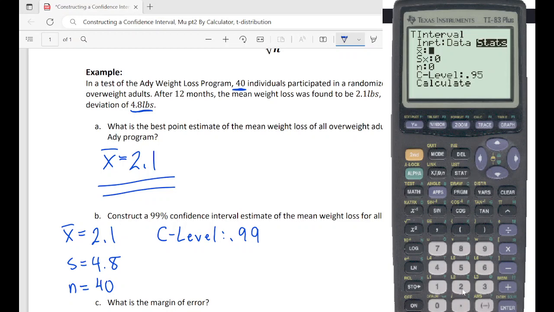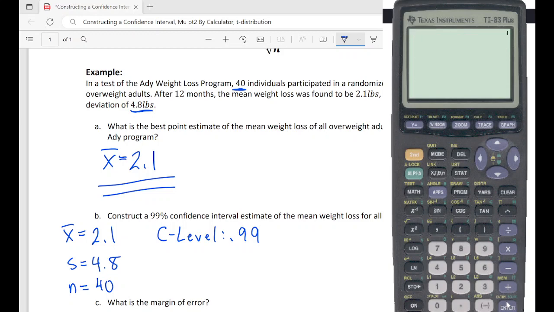So x bar is 2.1. Sx is still just the S value, so 4.8. n is the number in our sample, 40, and our confidence level is going to be 0.99.